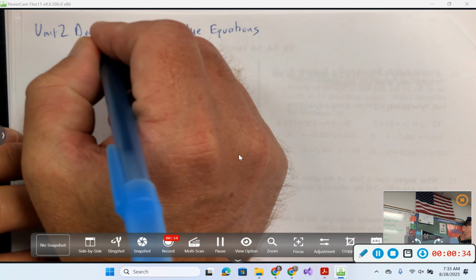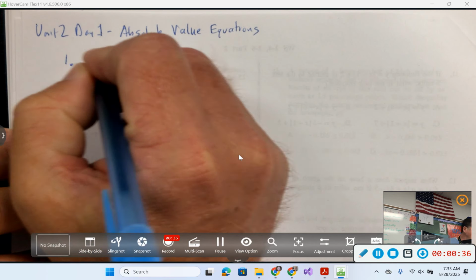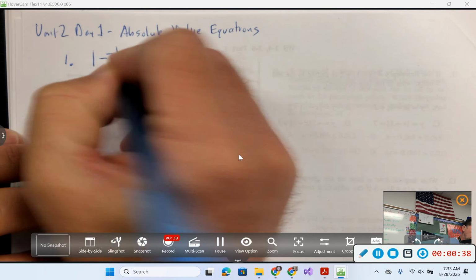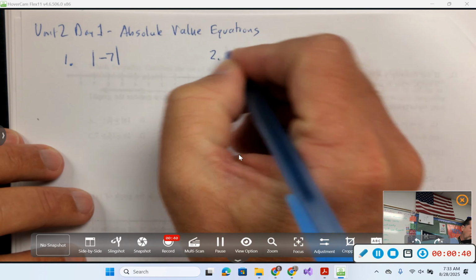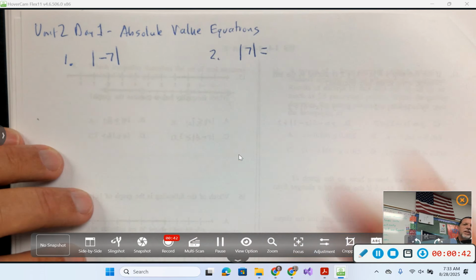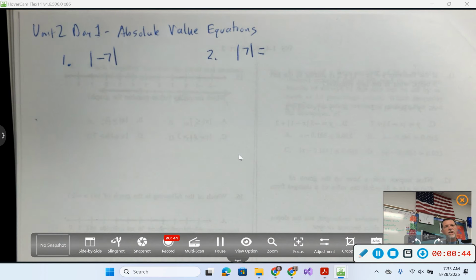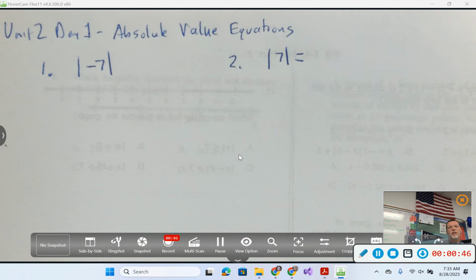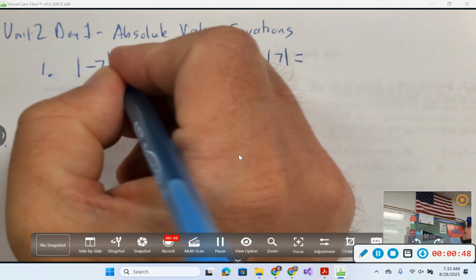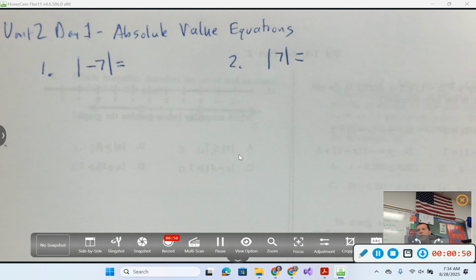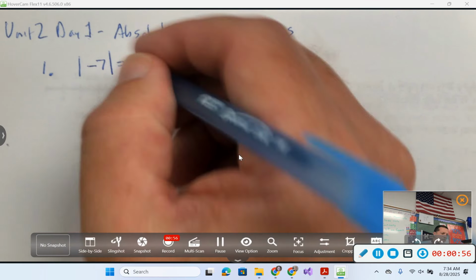Well, let's start by reminding ourselves a little bit about absolute value. A couple of what I think are easy example problems, just to get our brain warmed up. So what's the absolute value of negative 7? 7, good.